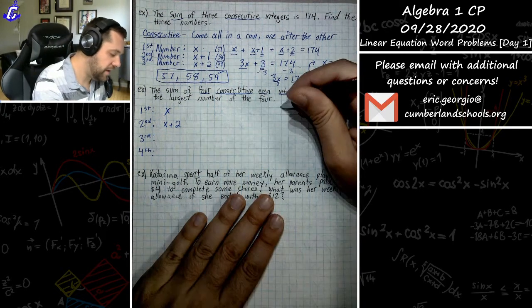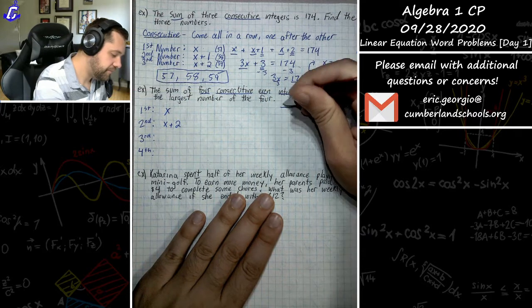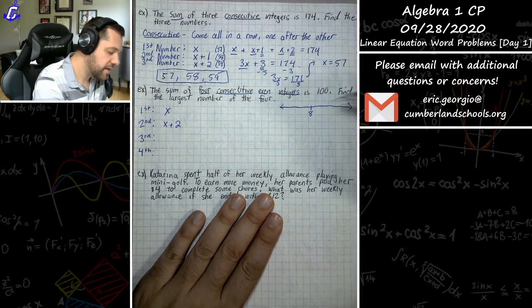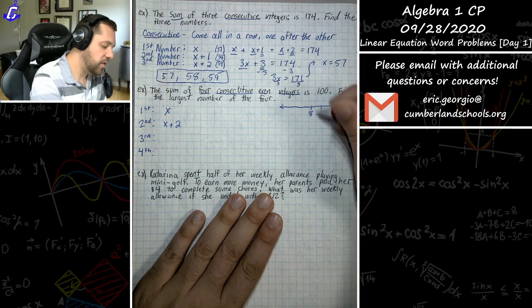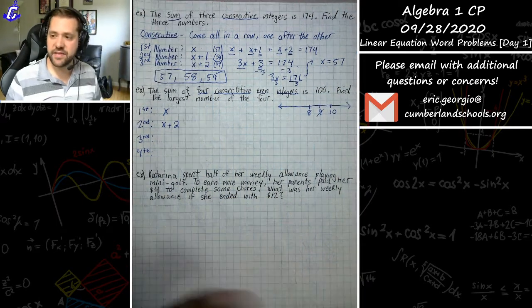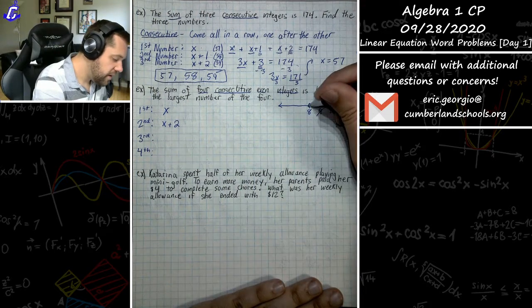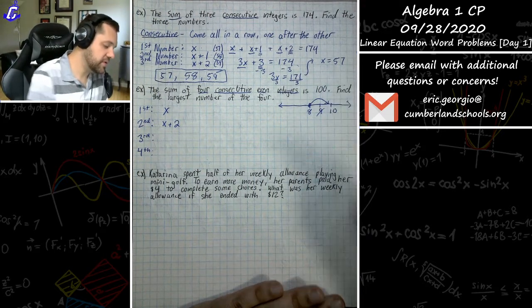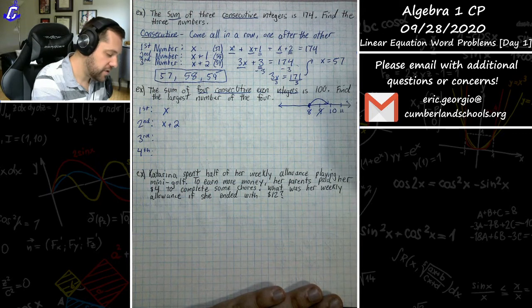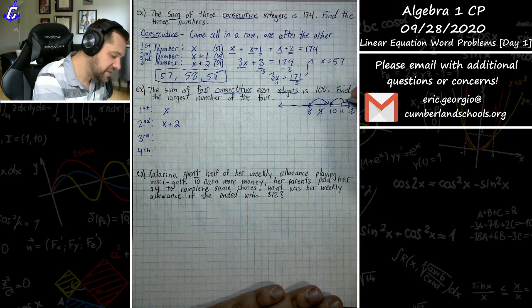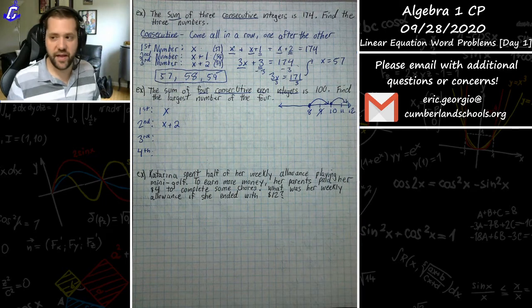correct? Think of on a number line if you really want to, right? If I'm at 8 and I want to get to my next number, well, I don't want to include that spot. That's not a consecutive even integer because I want to jump from there to the next even integer, which is 2 away. From then, I want to jump from there to the next even integer, which is 2 more away, correct?